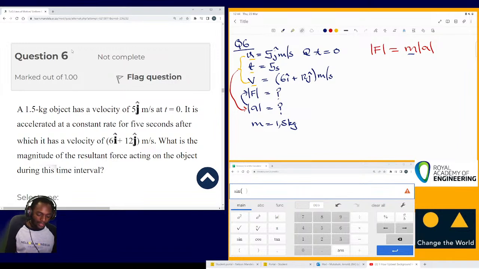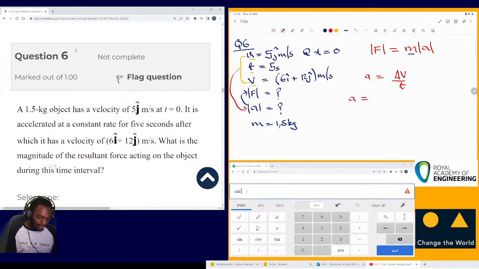We know that acceleration is equal to the change in velocity over the time. That is our acceleration, right? So that is going to be our final velocity.